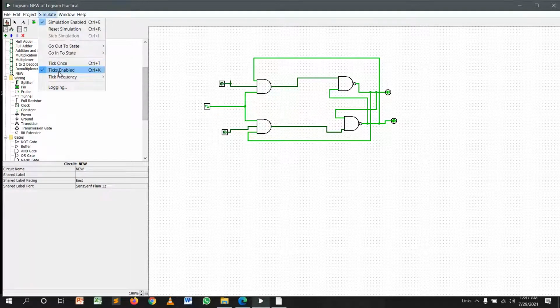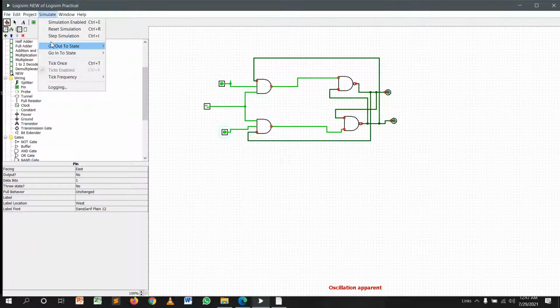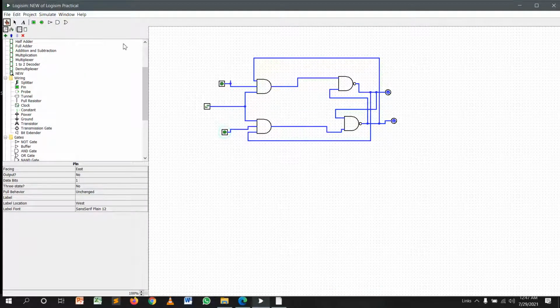I stop the simulation and enable tracking, then I input the two values as 1 and simulate once. With track enabled, you can see the error message reset. Then I input this value and set the clock pulse to 0. Then we use those two values 1 and 1, 0 1, and you see this area.